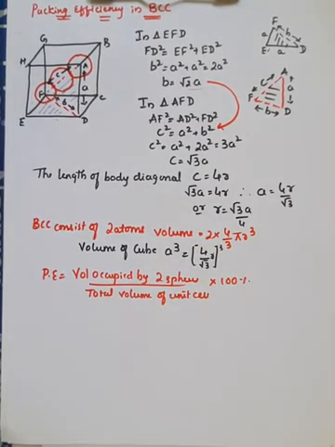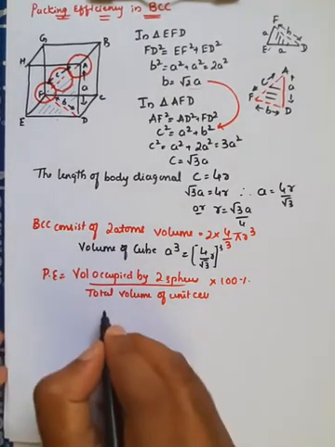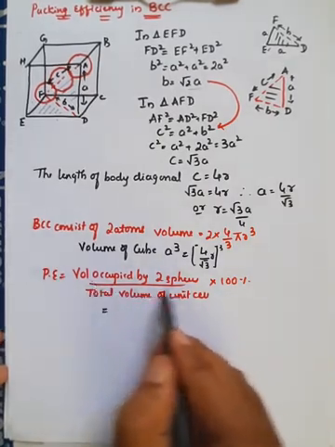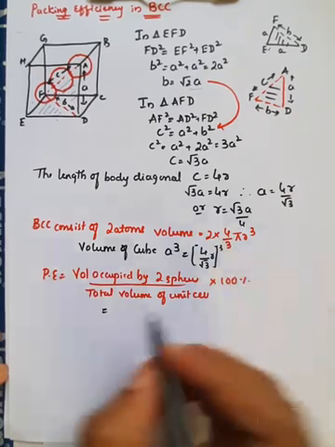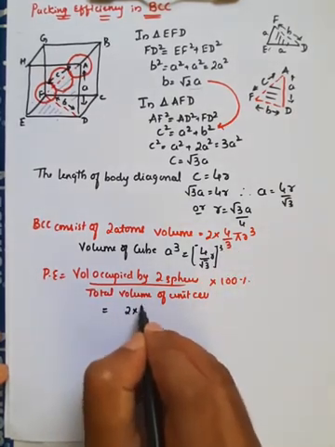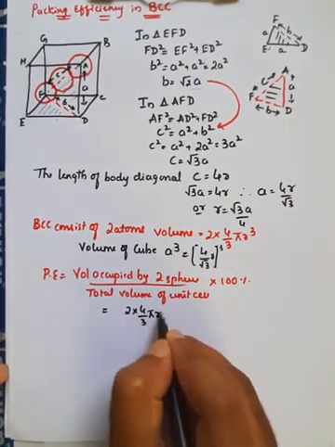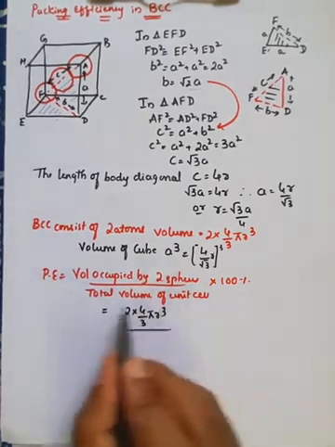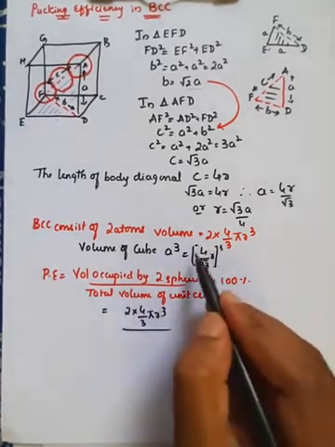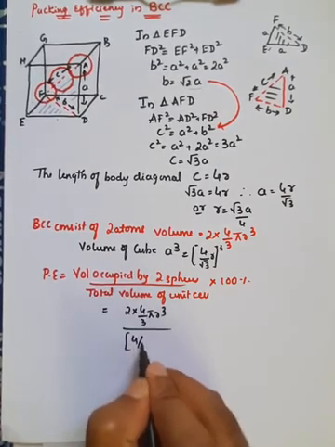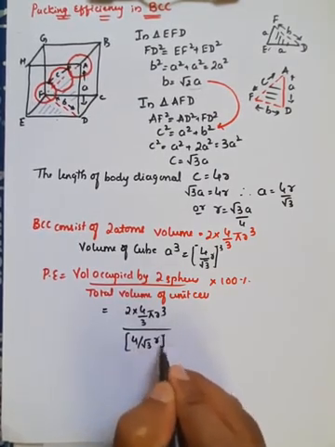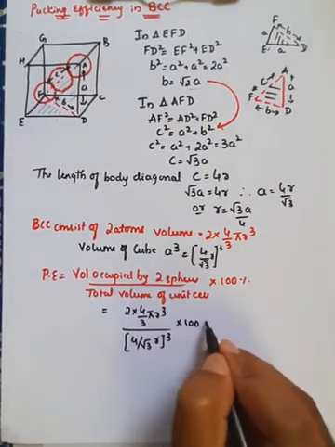Right? So therefore, here I can substitute this value. The total volume occupied by the 2 spheres is 2 into 4 by 3 pi r cube, whole divided by the total volume of the unit cell, that is 4 by root 3 into r the whole cube, into 100%.